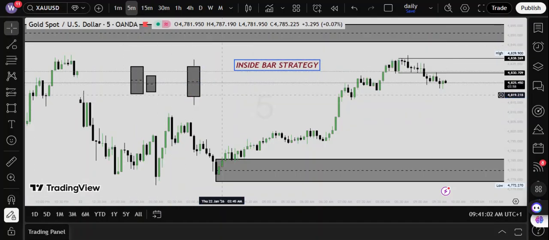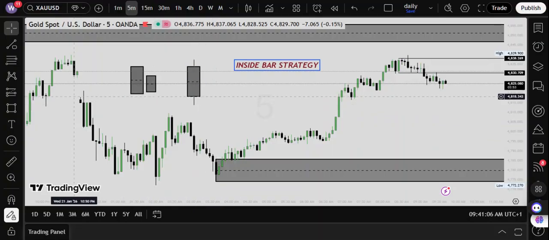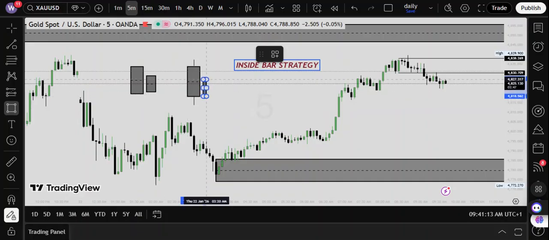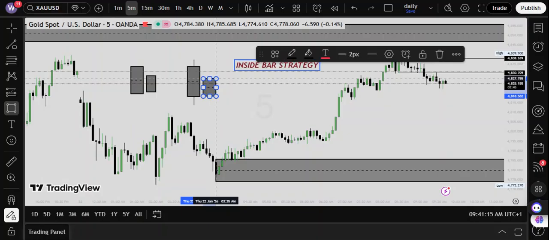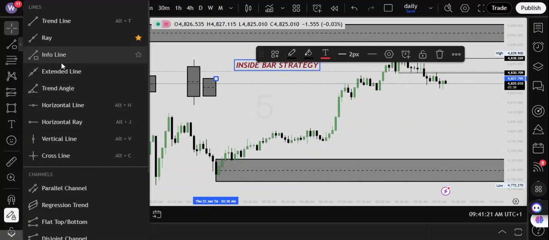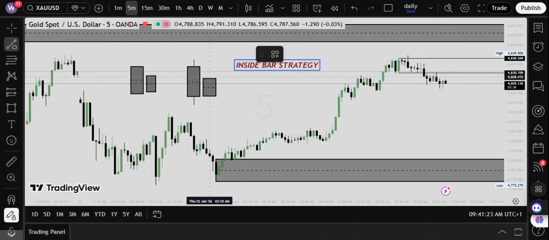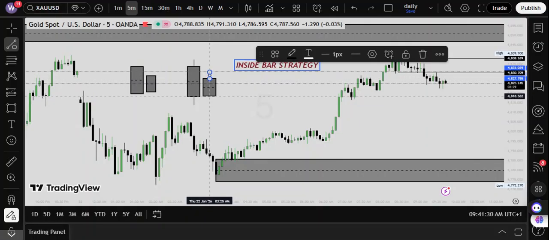So you have the top wick and the bottom wick, and the next candle forms, can open here, and you have your wick as well, at the top and at the bottom.